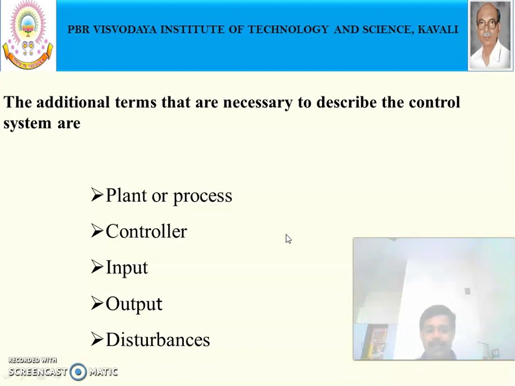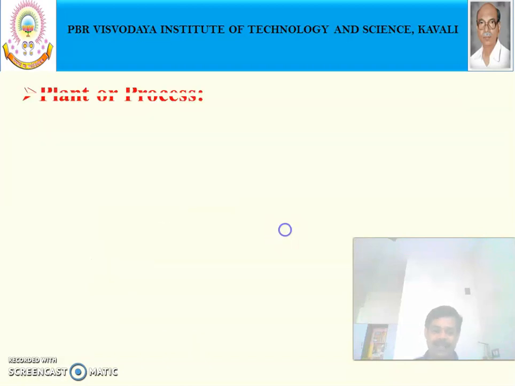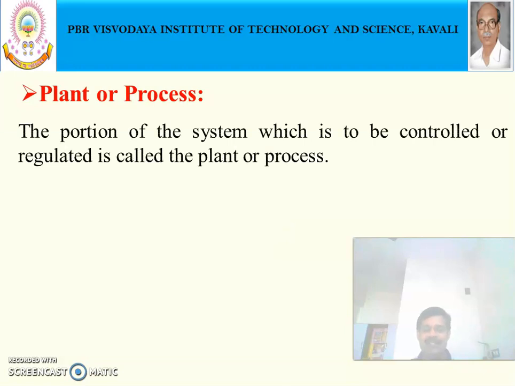First one is plant or process. It is a part of the system which is to be controlled or regulated. The portion which is to be controlled or regulated is called plant or process.